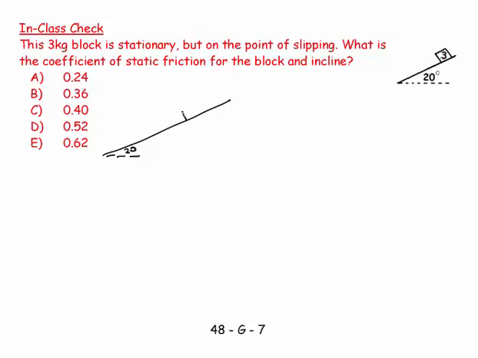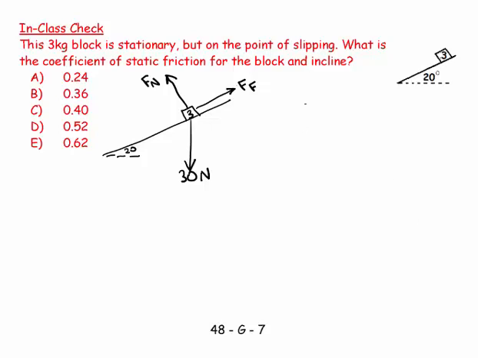And it's a 3 kilogram block, so that means that's going to be 30. And there's always going to be a normal force. And there must be a frictional force to stop this thing from sliding down the incline. Is there an applied force? There's no mention of any applied force. So those are the three forces that I am dealing with.